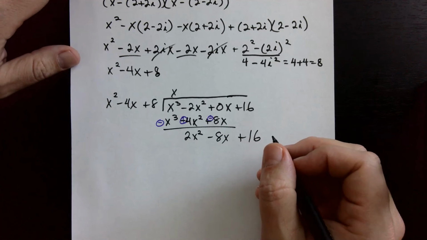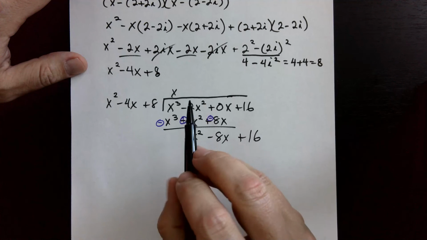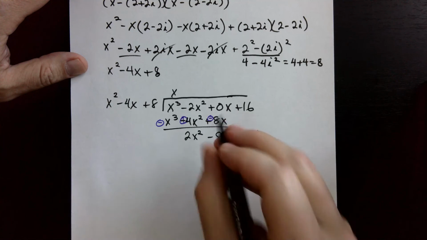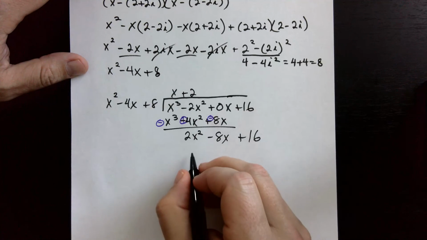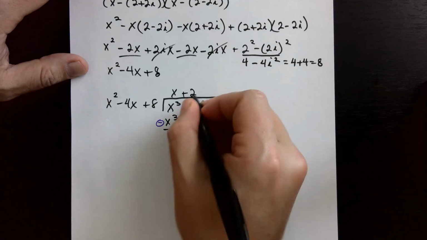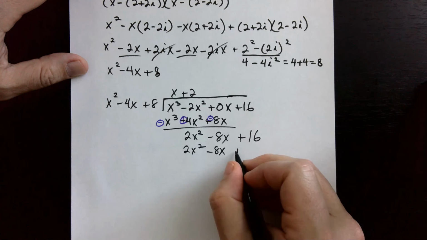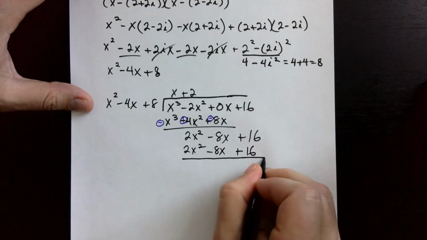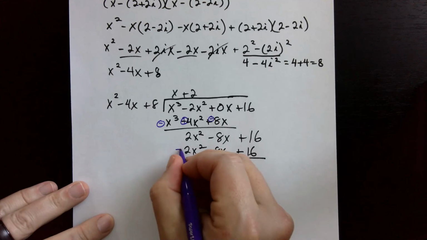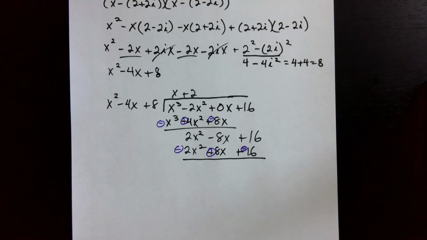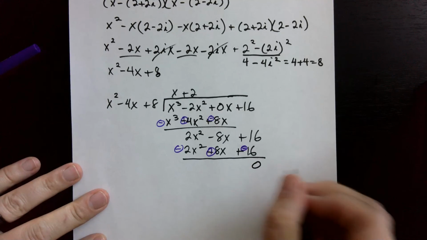Okay. Now what do we multiply x squared by to get 2x squared? That's a 2. So 2x squared, multiplying it through, minus 8x plus 16. Remember to change your signs. So minus, plus, minus, all that goes to 0, which is what we had hoped for.